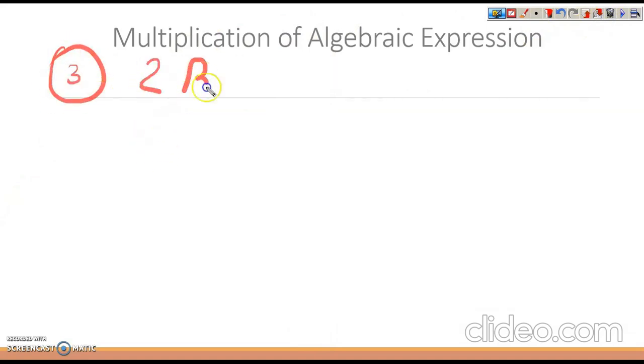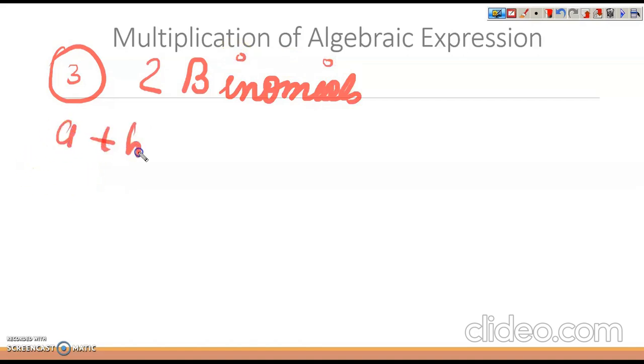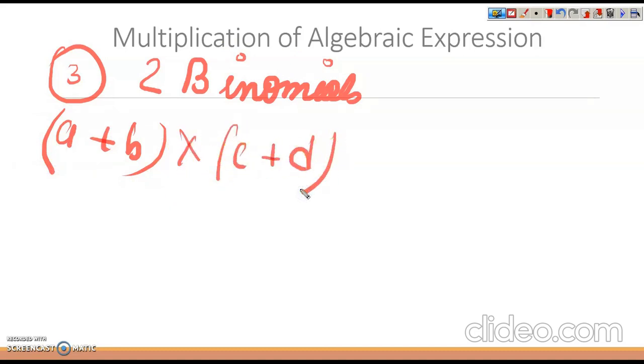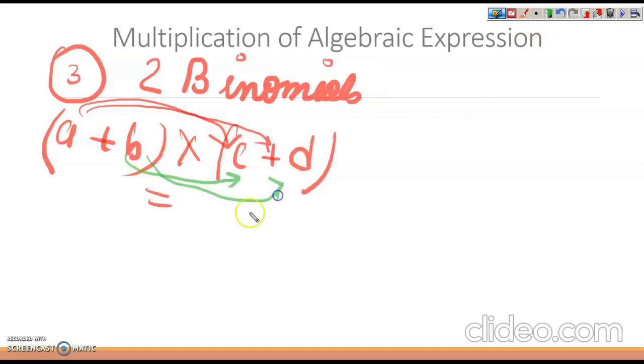Now the third is multiplication of two binomials. Suppose a plus b multiplied by c plus d. Okay. Now, when you multiply them, you will multiply a with c, then a with d, then b with c, then b with d.